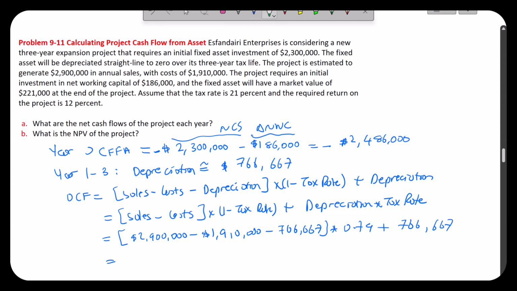And OCF is 943,100, now rounded to the nearest dollar.